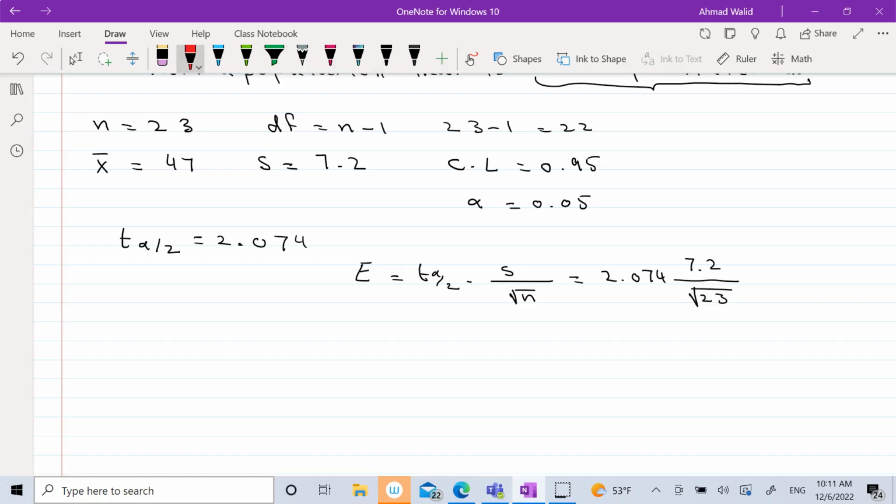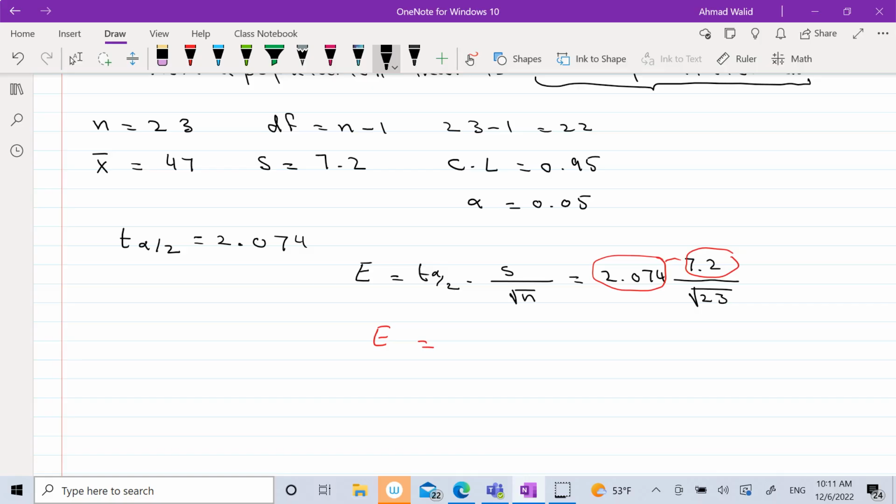Using calculator, your step 1 is multiply these two numbers, and also take the square root of 23 and then divide. Let me take out my calculator and multiply it for you to show step by step.